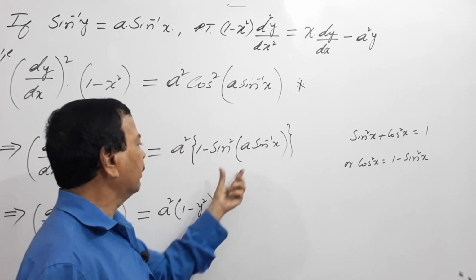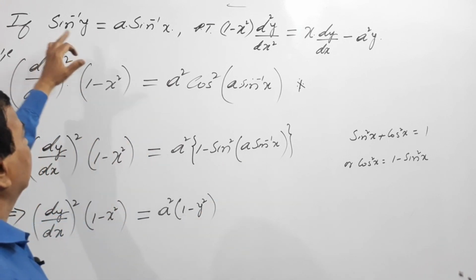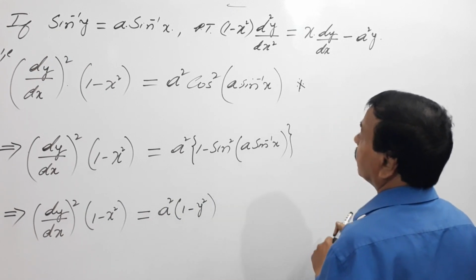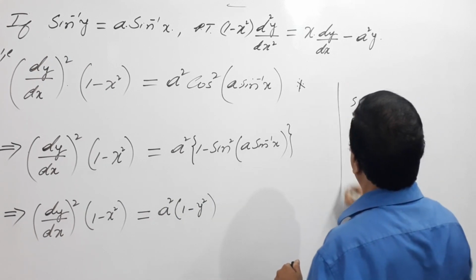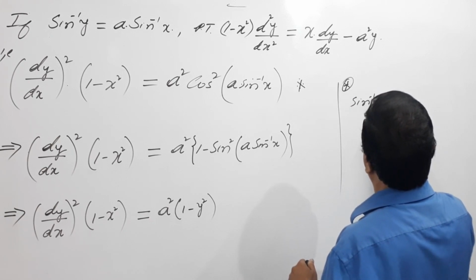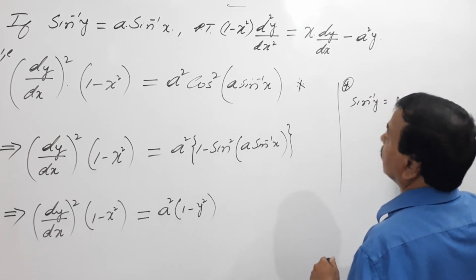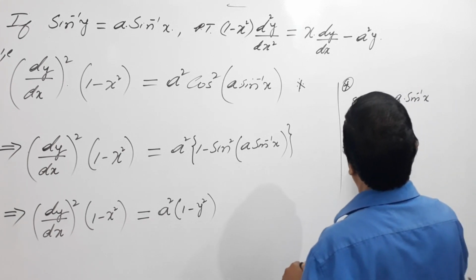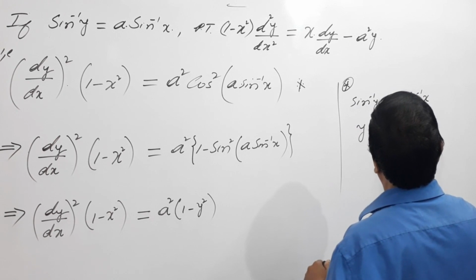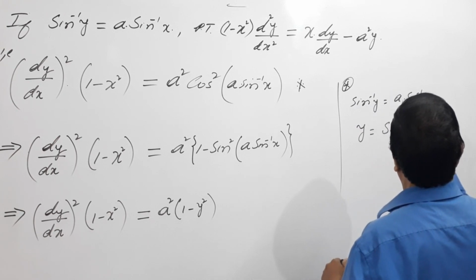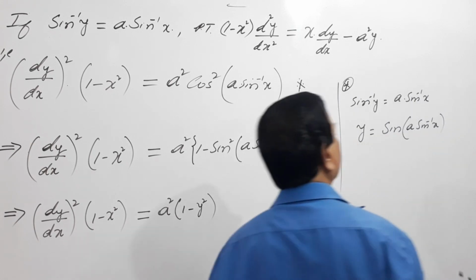So that becomes 1 minus y square, because we are given here, note, sin inverse y equals to a into sin inverse x, or y equals to sin of a sin inverse x.